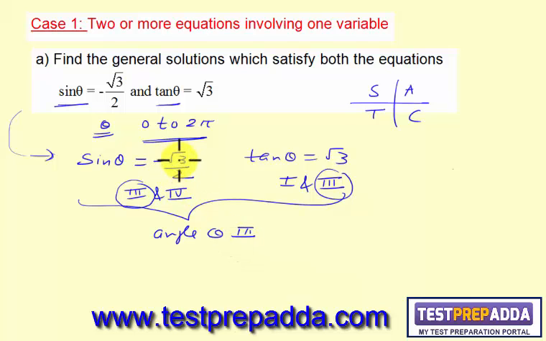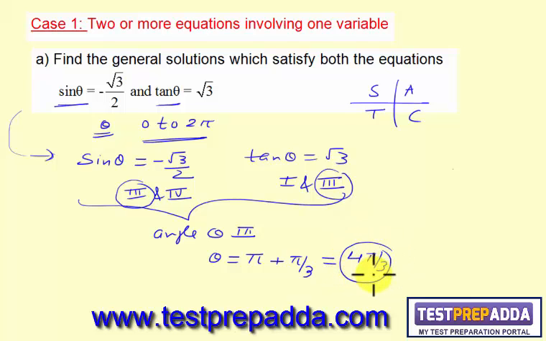Now root 3 by 2 is the value of sine 60 degree, sine pi by 3. But it is minus root 3 by 2 and it should be in third quadrant. So theta must be pi plus pi by 3, means 4 pi by 3.